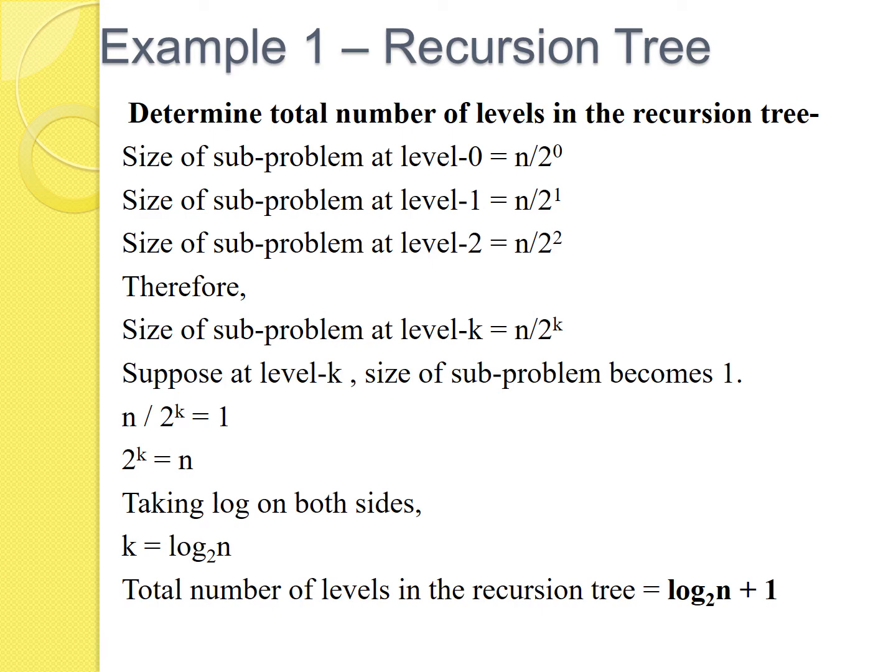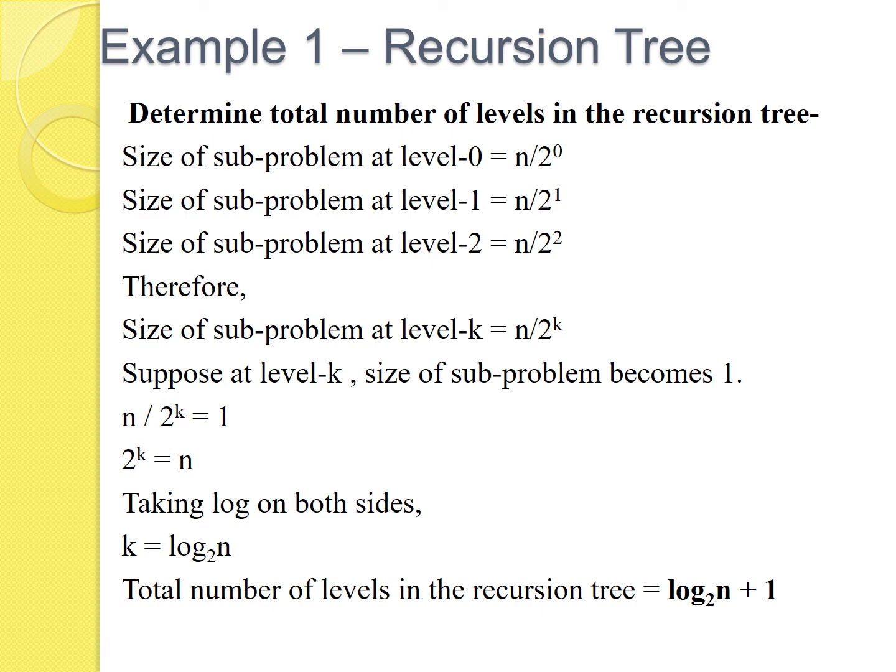The size of the subproblem at level 0 equals n divided by 2 power 0. Similarly, the size of the subproblem at level 2 equals n divided by 2 power 2. Generalizing, the size of the subproblem at level k equals n divided by 2 power k.